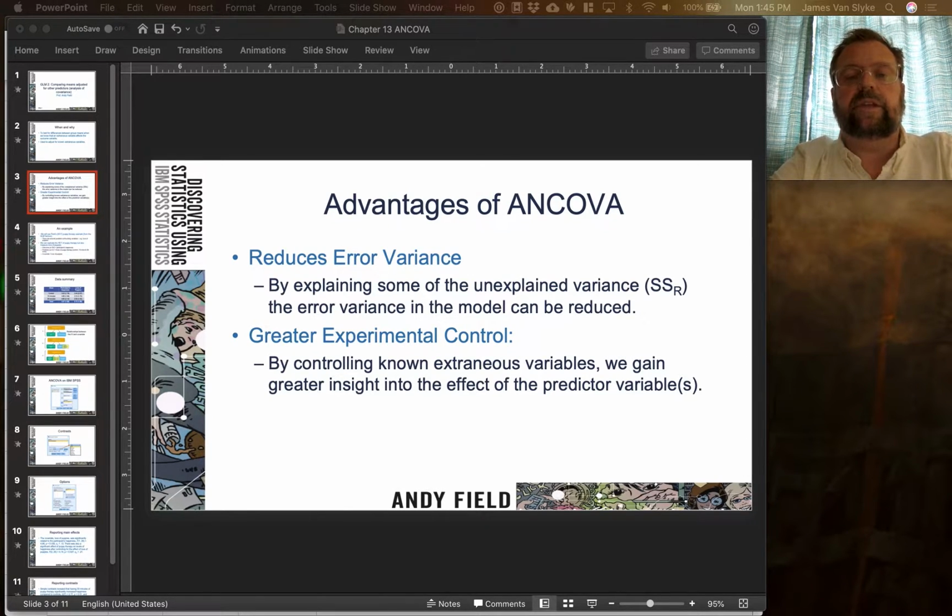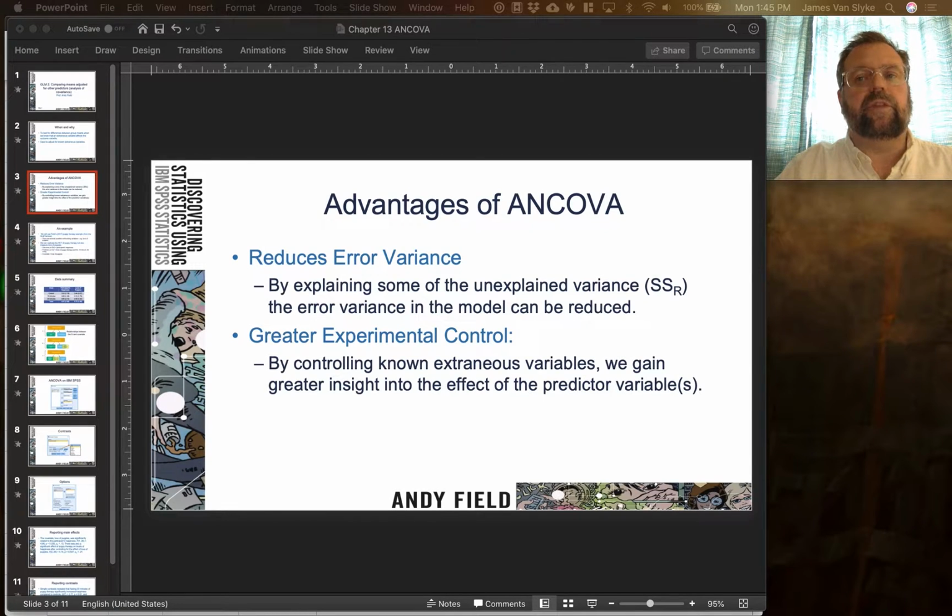So what the ANCOVA does is help to reduce the error variance. It tries to account for individual differences in some extraneous variable to help produce a more realistic or more accurate result. So by explaining some of the unexplained variance, the error variance in the model can be reduced. And then by controlling for known extraneous variables, we can gain greater insight into the effect of the predictor variables.